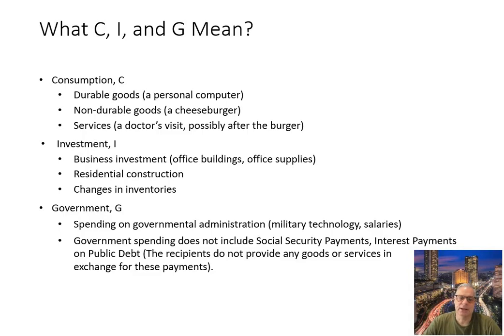The other category is investment. Investment is all the business investment, like office buildings, office supplies, but also new machines, like capital goods, everything that's being used to produce final goods and services. But here we have one exception to the previous classification, where we said consumption is typically done by households. Well, households can also invest.